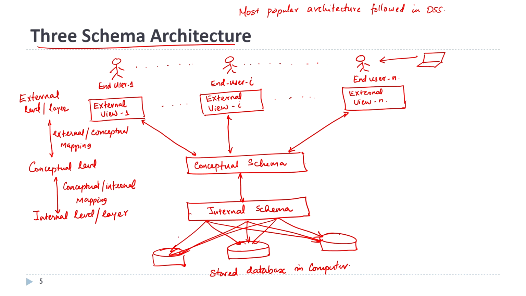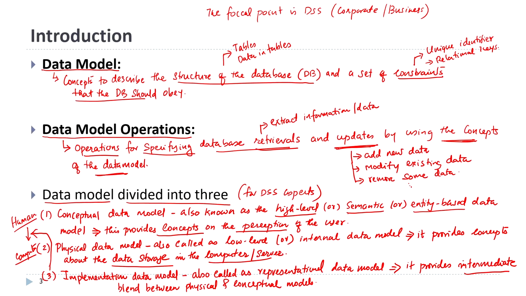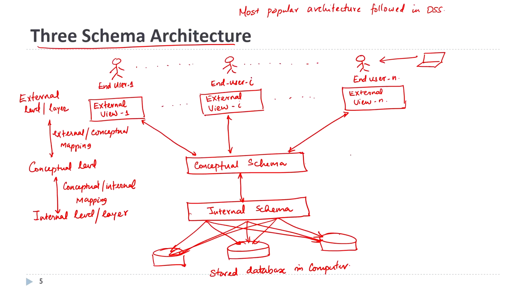We already said what a conceptual schema is: it is more like the high level semantic entity based model. This is the perception of the designer, so this is where the database designer comes into the picture. The perception of the mental model.